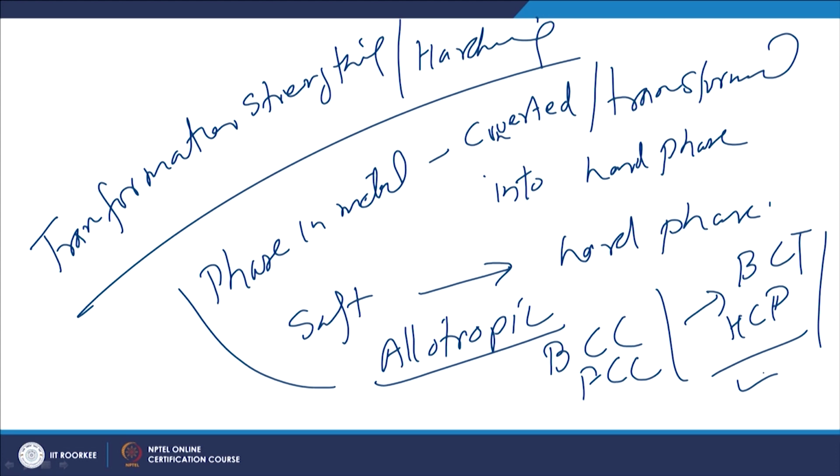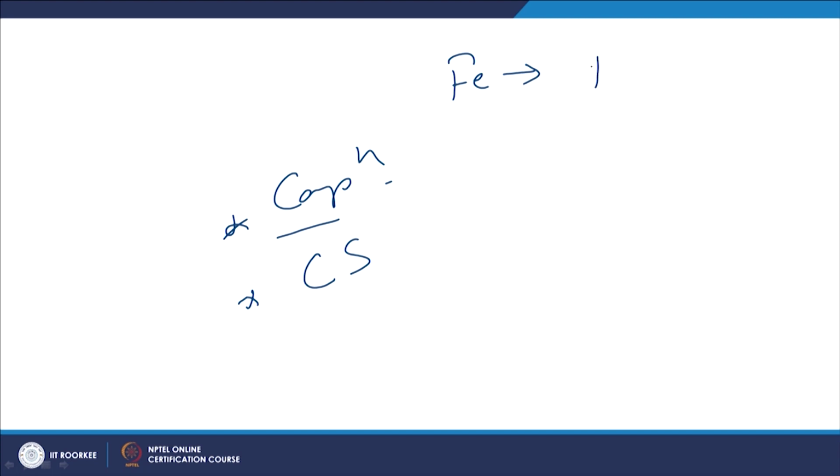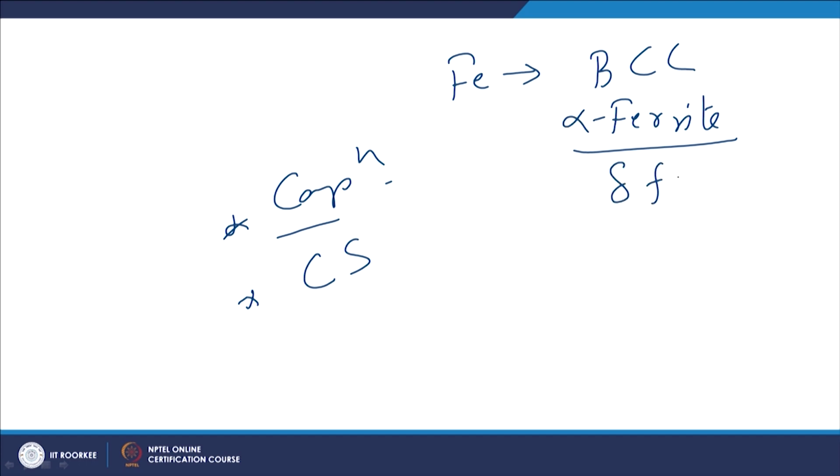So, as far as the phases are concerned, like either there is a minor change in composition or just change in the crystal structure, like iron may be present in form of the BCC structure like the ferrite, or delta ferrite. So, this is alpha ferrite and the delta ferrite, both are comparatively soft.